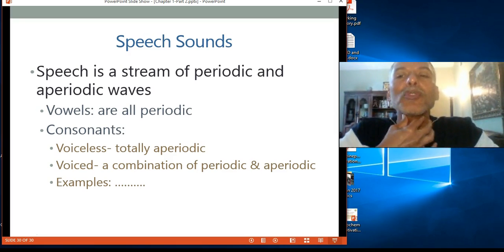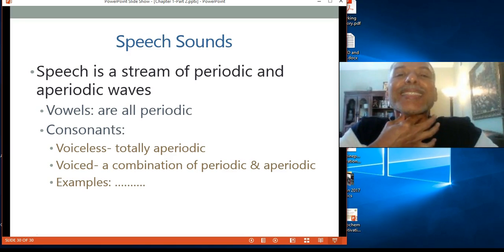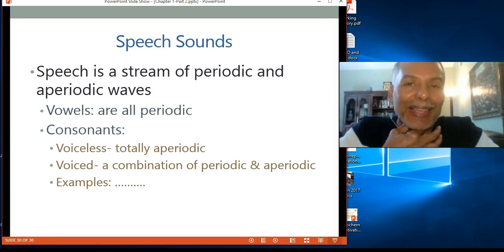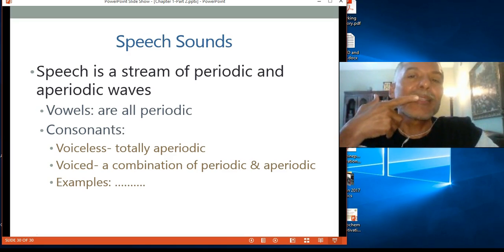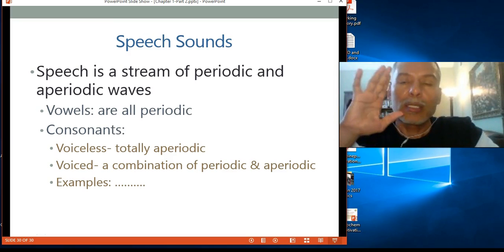Try it. Put your thumb and index finger on your larynx, right below your chin here. Say S. Do you feel anything? There's nothing at all. So the sound is made here in the oral cavity, and that is completely aperiodic. There is no pure tone in that sound.